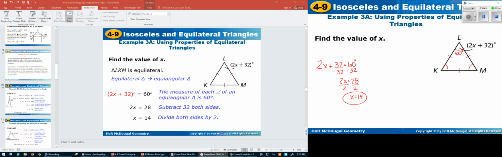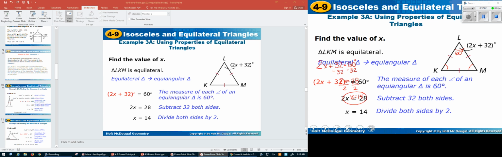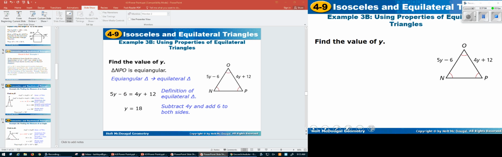Okay. If you look at the next one, what kind of triangle do they give you on the next one? Equiangular. But if it's equiangular, we know it is also what? Equilateral. So it's just going backwards there using the equiangular triangle theorem. So now we know all three sides are equal. So what could we write down to solve for y? Yes, we can set those two sides equal to each other, right?